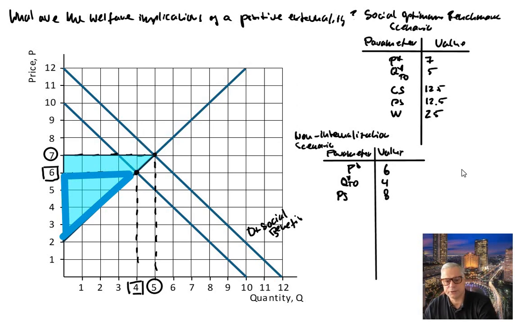So we can also think of it, if you just take a look at the private demand, which is the social benefit from consuming the bread from the mill, then this triangle here is the consumer surplus, and that is 1, 2, 3, 4. So that is 4 times 4, 16 over 2. So consumer surplus is now 8.